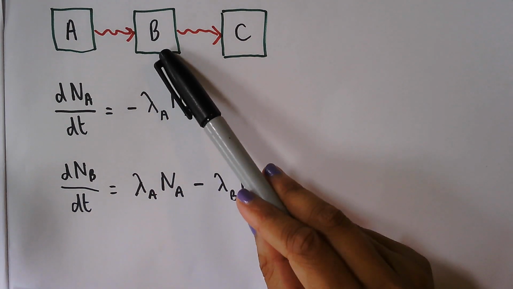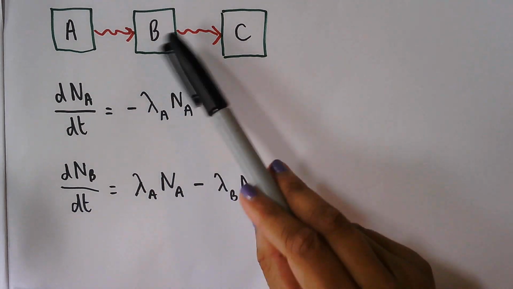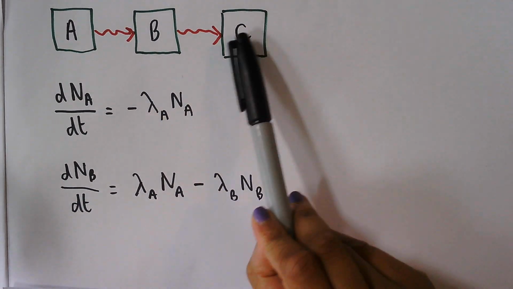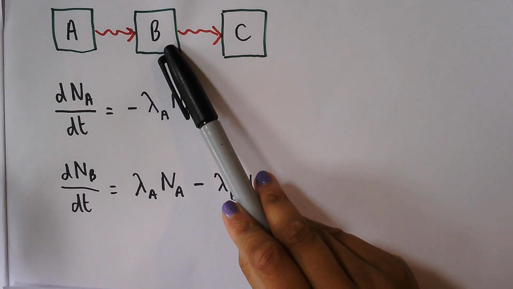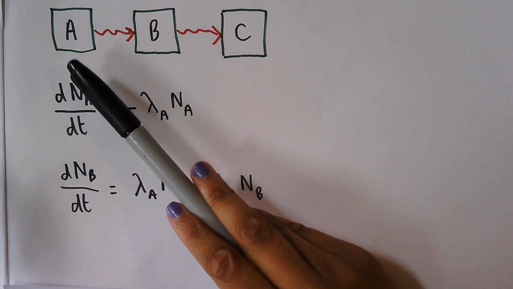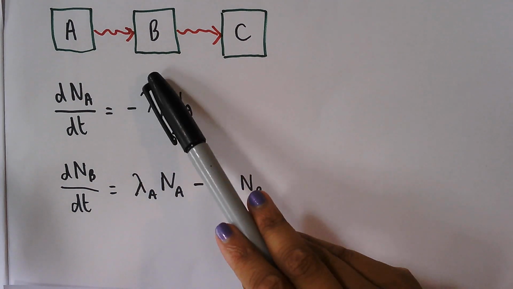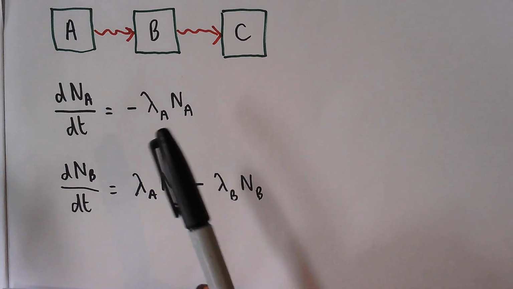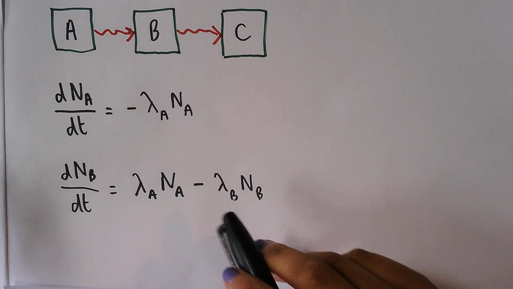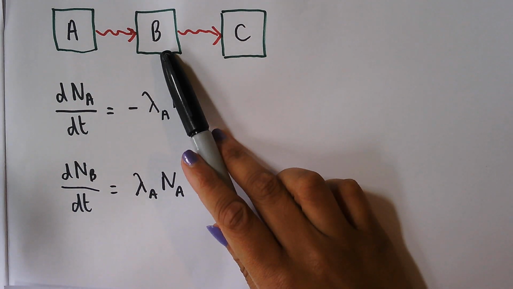And so as the quantity of B increases, the rate of decay of B into C also increases, and eventually the rate of decay of B becomes equal to the rate of production of B, or the rate of decay of A. And at this point, the situation is called equilibrium, or secular equilibrium. And at this point, the quantity of B remains constant.